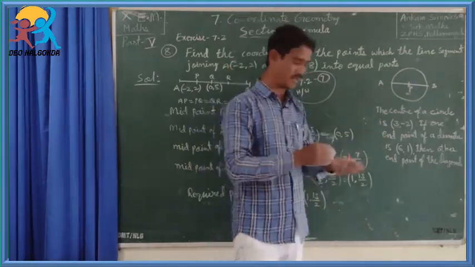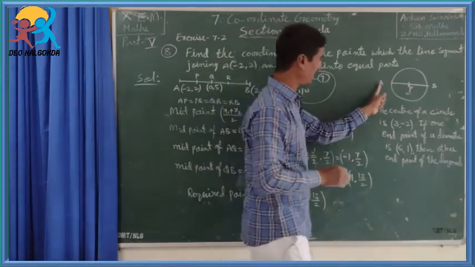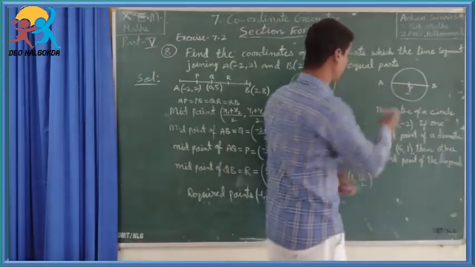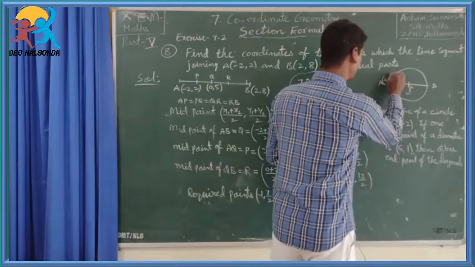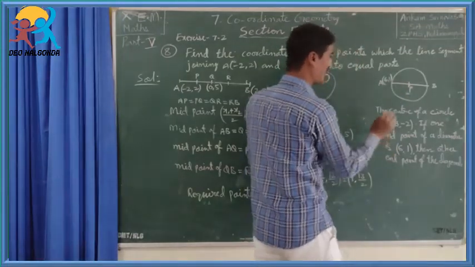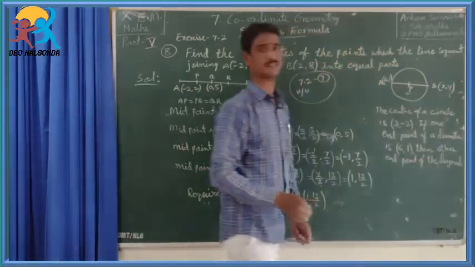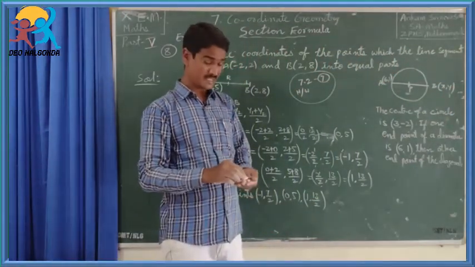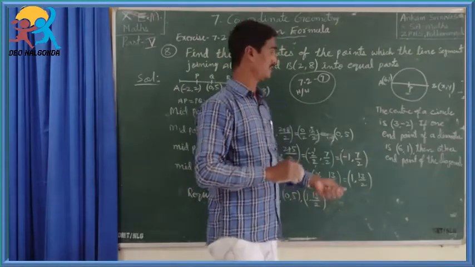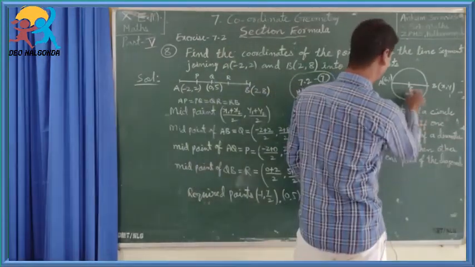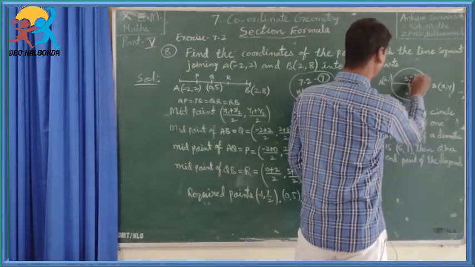So, as per the given problem, one endpoint of the diameter is (6, 1), and the second endpoint we don't know. Let us suppose (x, y). Then the center of the circle is given as (3, -2).